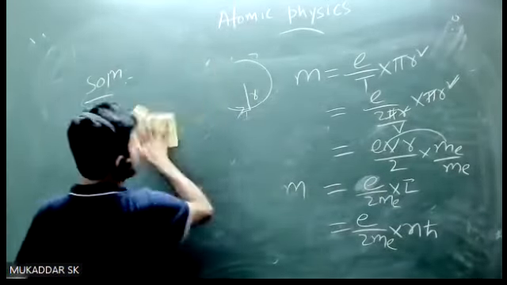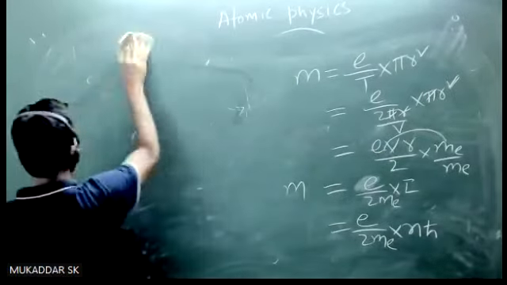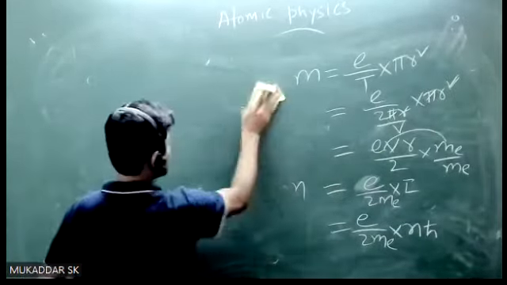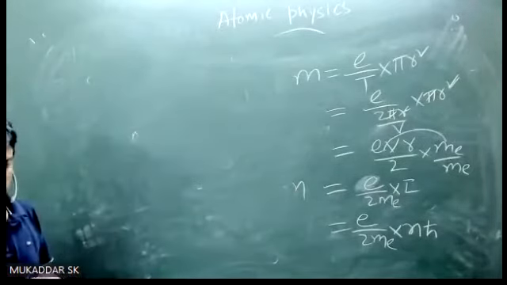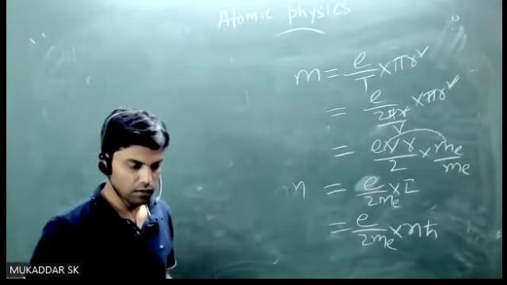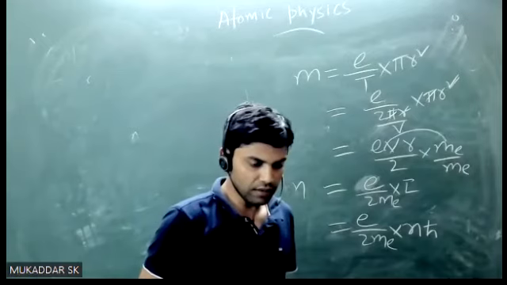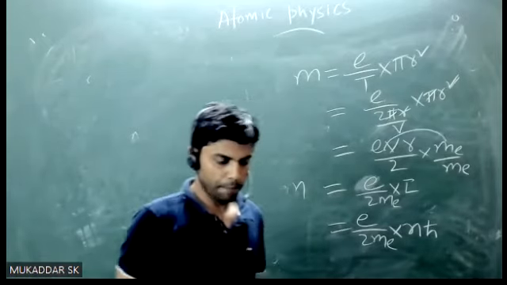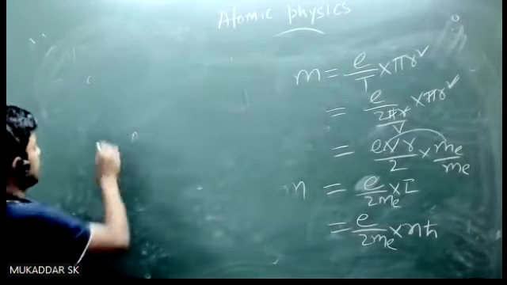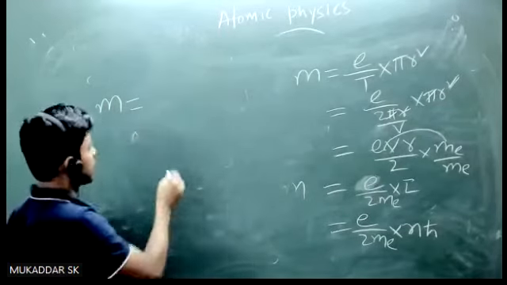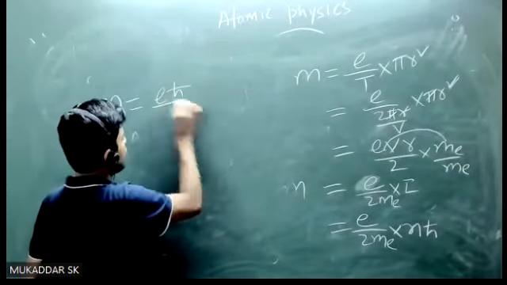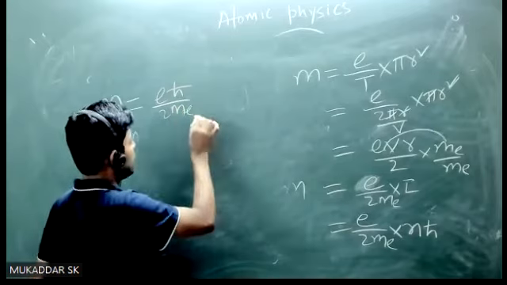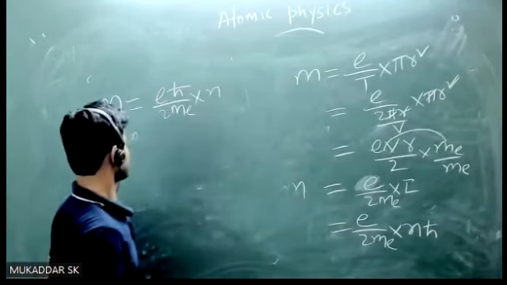Is it clear to all? Shekhar, is it clear? Yes, sir. So the magnetic moment will be e h cut by 2m_e into n.